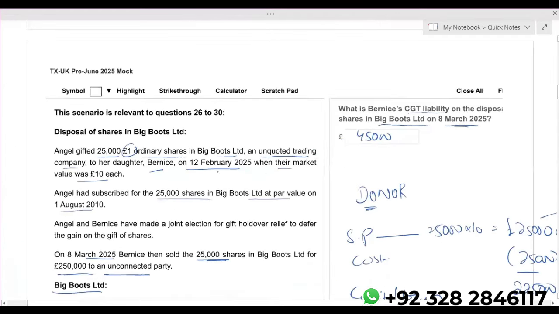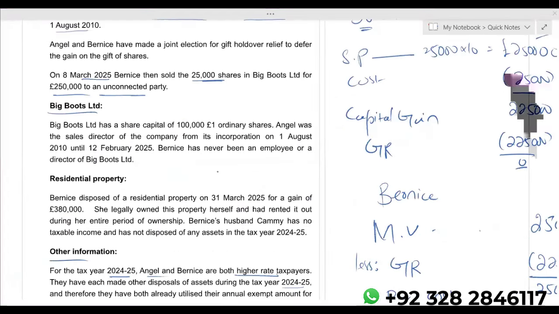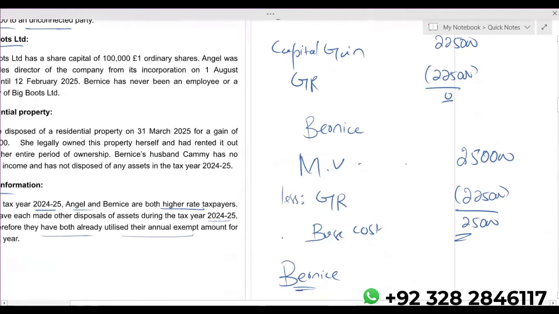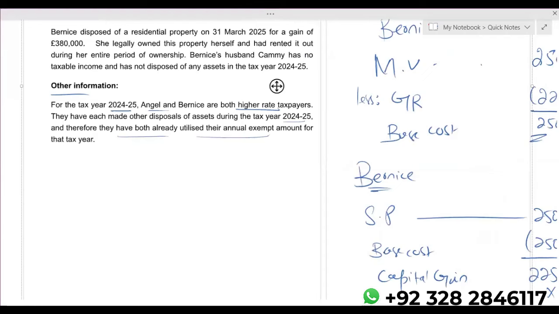So CGT payable is 45,000. We are not getting any annual exempt amount. The annual exempt amount of 3,000 is already utilized. So that is why we are directly applying 20%.